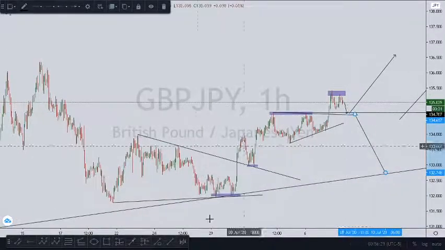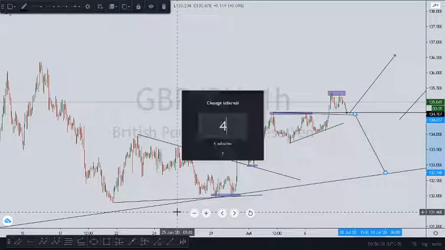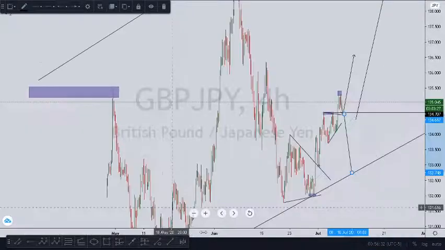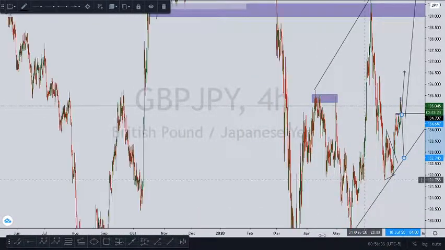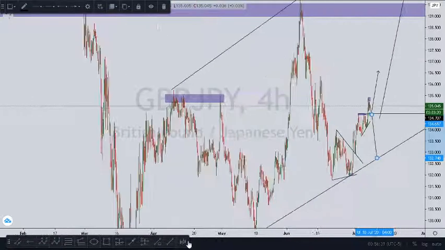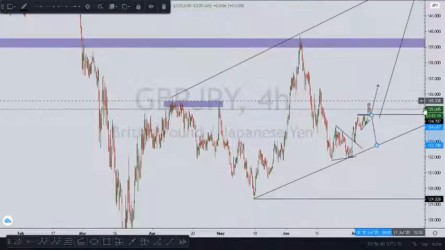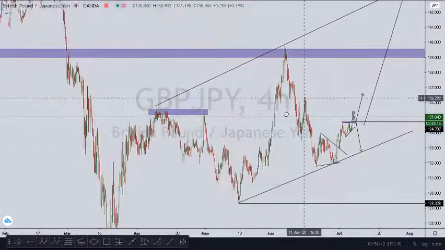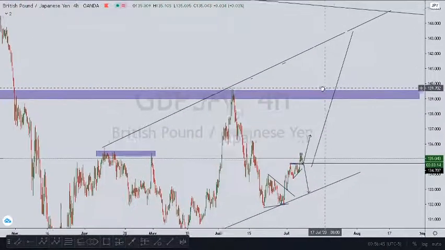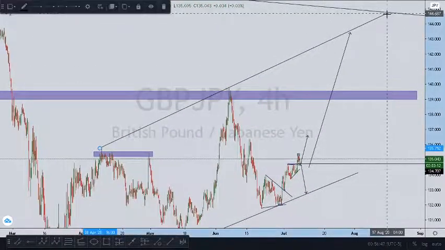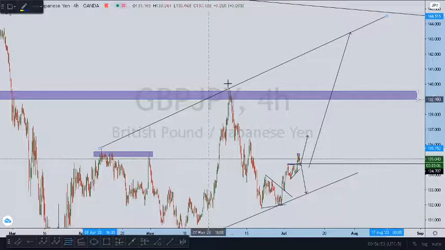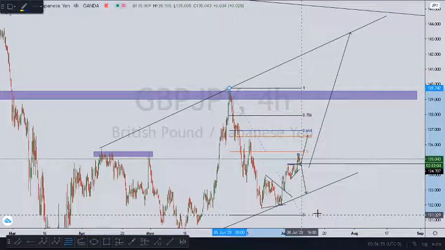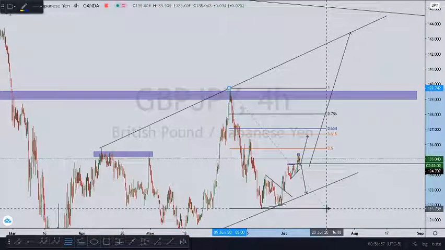However, we must go to the 4-hour time frame for the overall move from the previous resistance level to the support level. We're going to draw a fib tool to understand where the key levels are. Give me a second, let me adjust this trend line at the resistance level. Adjust, lock, fib tool from the resistance level to the support.